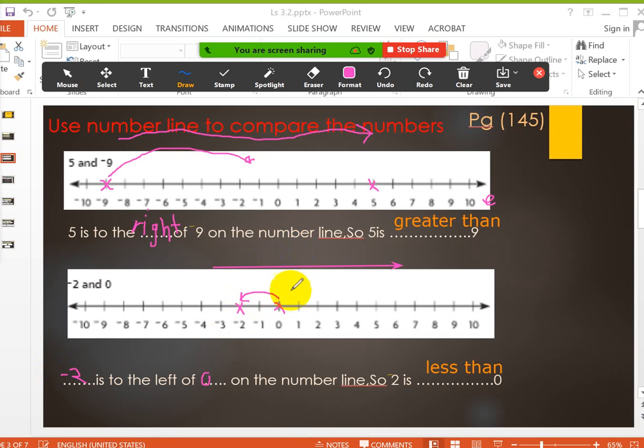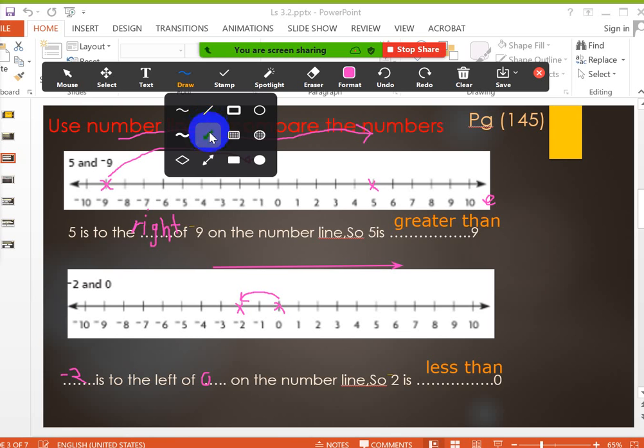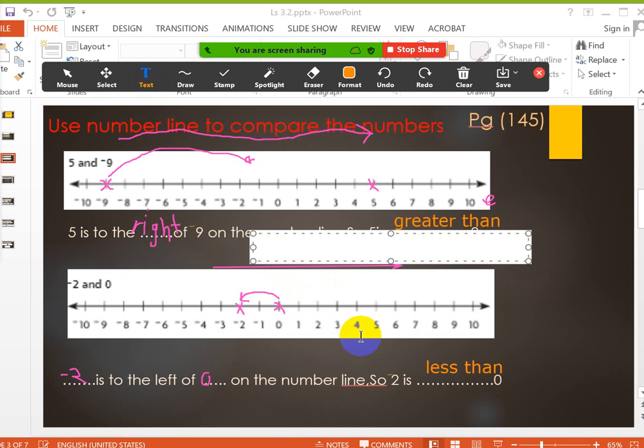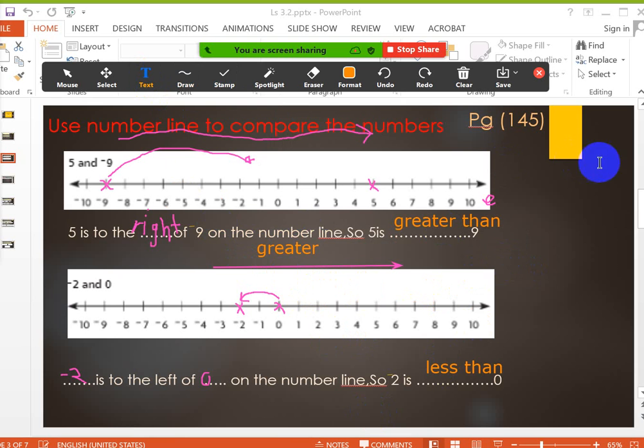This is 0, and the negative side will be on the left side of 0. This is negative 2. The strategy told me, when you go right on the number line, the numbers become what? Greater. When you go to the right side, in this direction, the numbers become greater. I have to save this strategy.